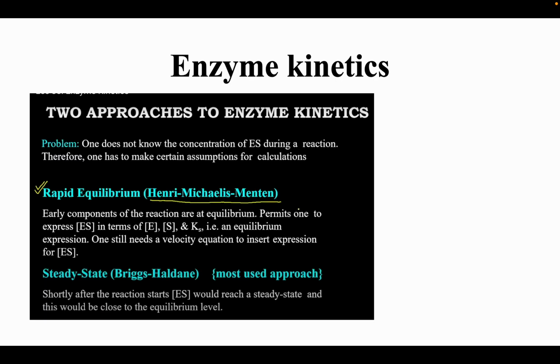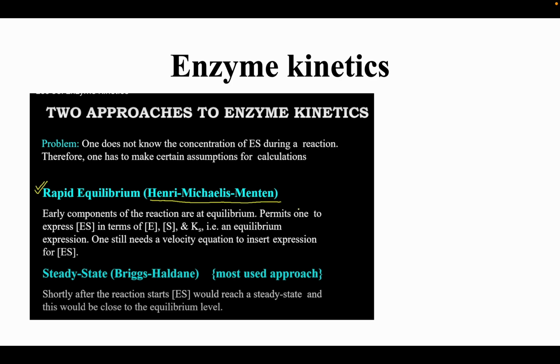So let's move on to enzyme kinetics. Enzyme kinetics uses two approaches. Enzyme kinetics is basically measuring how the enzyme rates are evolving over a period of time. And why do we need kinetics for that?